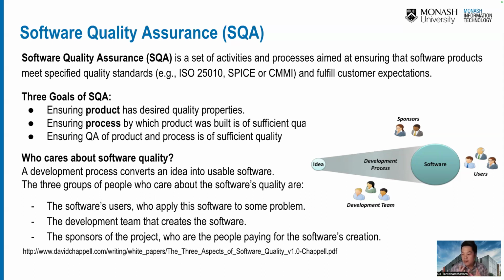They want to ensure that the product, okay, has the design quality properties. And the process by which the product was built is also of sufficient quality as well. That's why when we talk about software quality assurance, we focus on the product and the process. The product must be the best and the process must be efficient as well, okay?